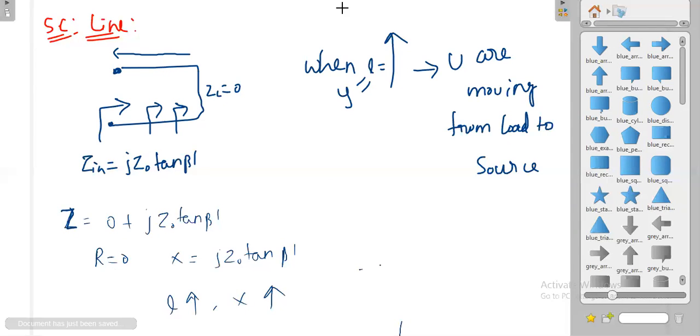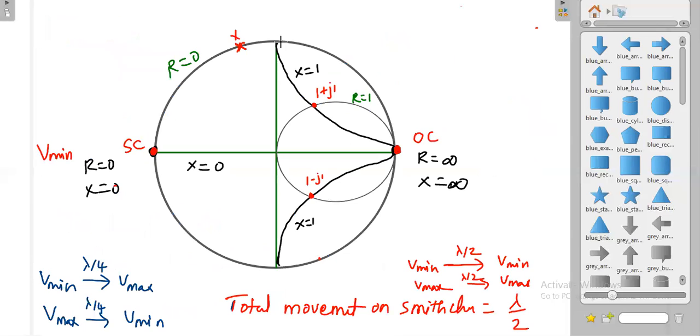Then you go to the Smith chart, you observe you are on R is equal to 0. You are here. Then your reactance has to increase. When you are very near the load, your reactance is 0, because once L is 0, tan βL is 0. Once again, if you increase the L, your reactance has to increase. So how will your reactance get increased?